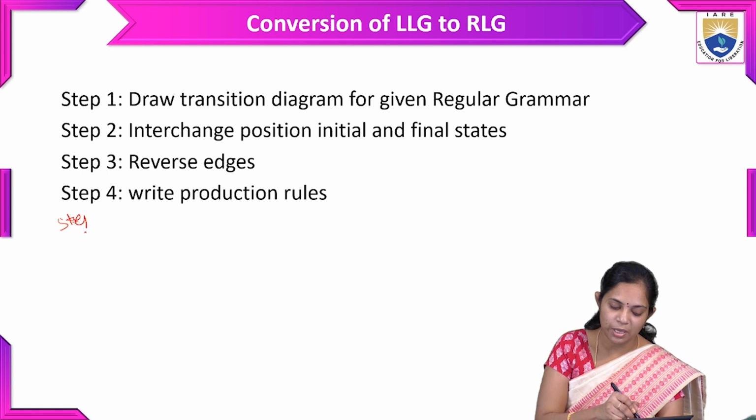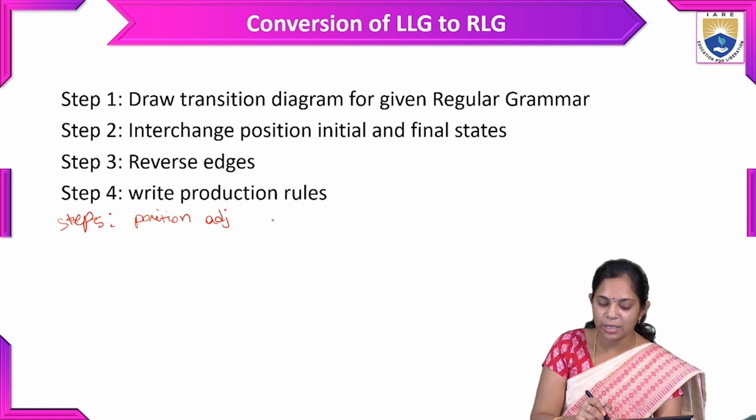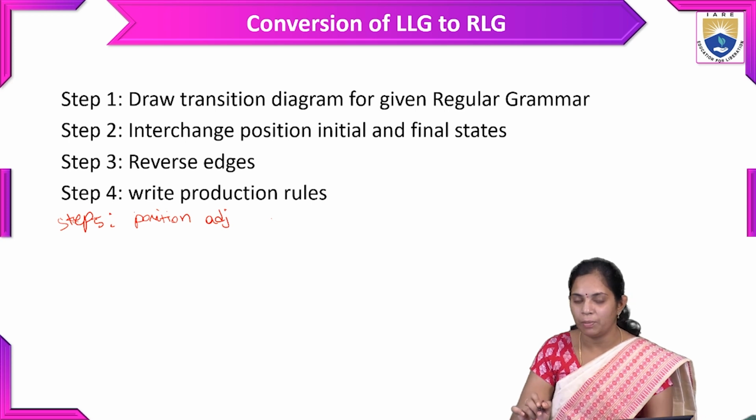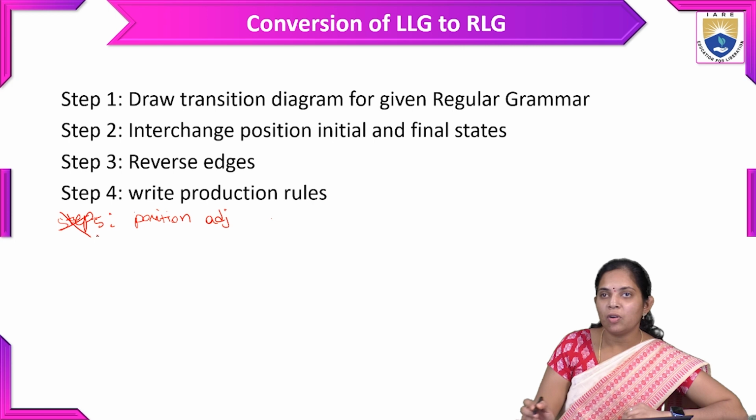The fifth step is interchanging the positions, the position adjustment, which is not applicable here because it is already in right linear grammar. So this fifth step is not there. The remaining steps are all the same.